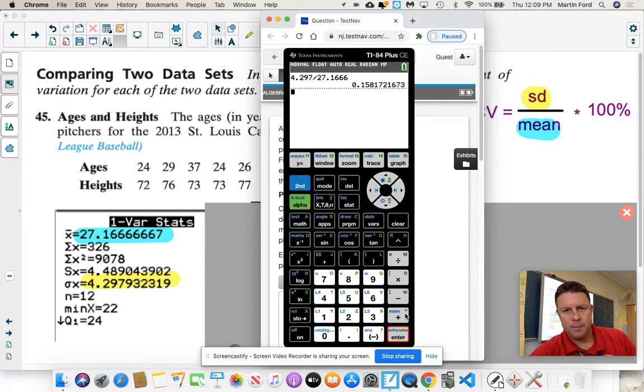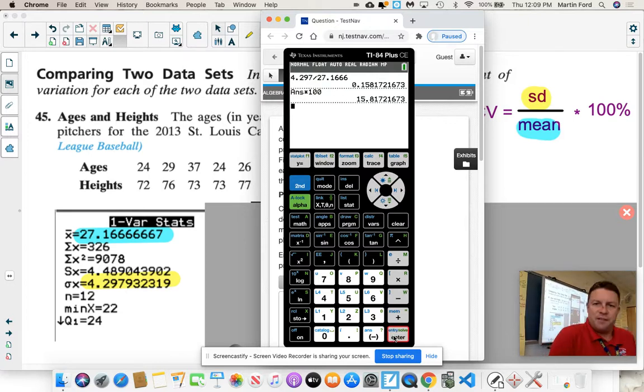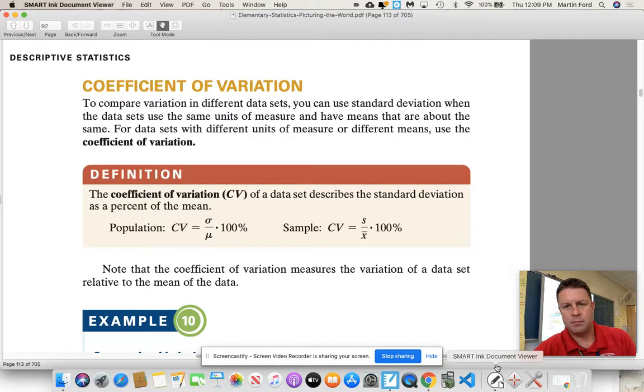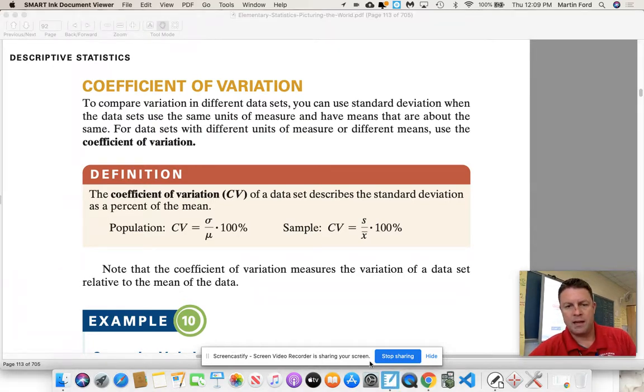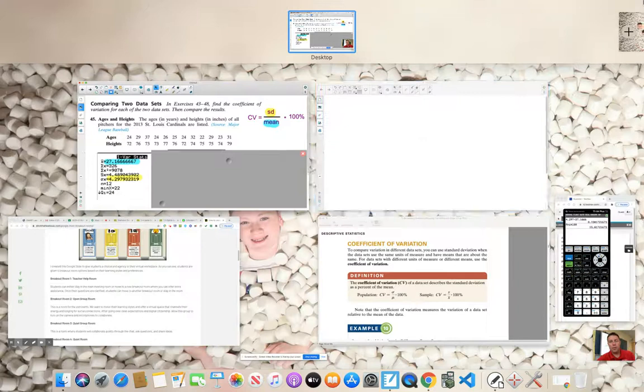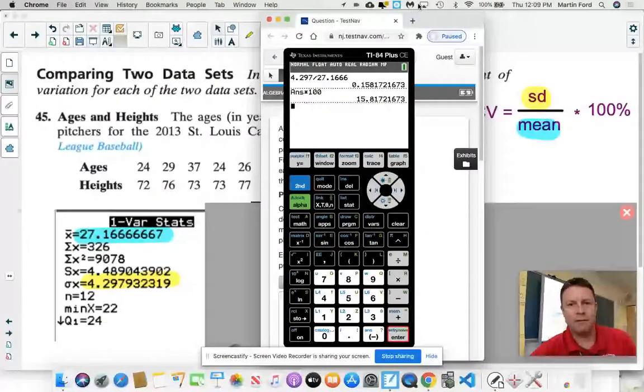When I press enter, and then I times that by 100, you'll see that the coefficient of variation is in fact 15.8%. Okay, so the coefficient of variation is 15.8%. Now that was for the ages, that's how it varied.